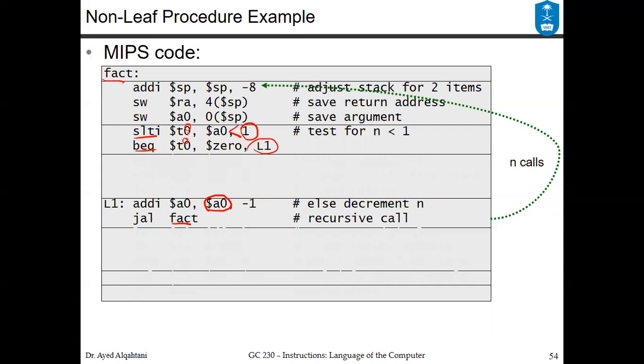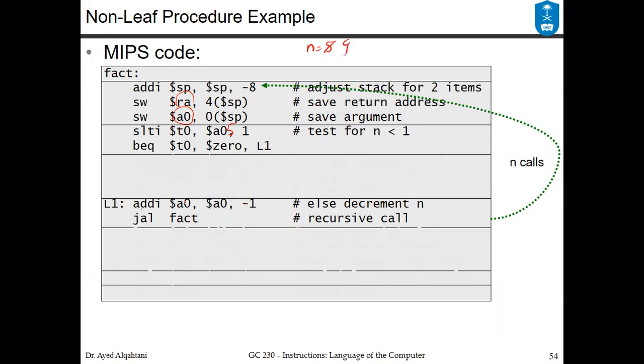So what happened if we say the A0 has the value of 5, meaning that n is equal to 5. So you will go 5 first, and then this condition will make you branch, you decrement to 4, and then jump and link. You push the new RA and the new A0, which at this point would be 4.